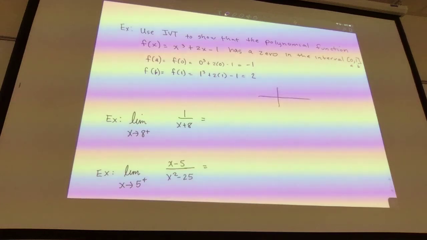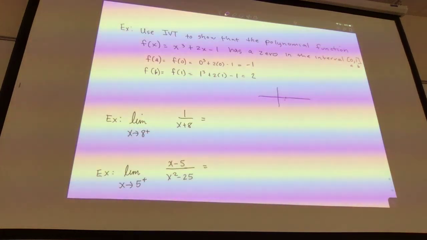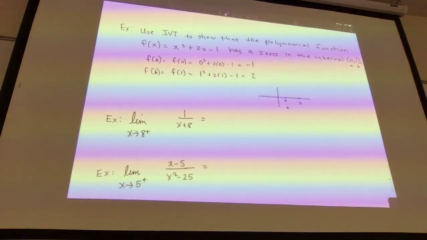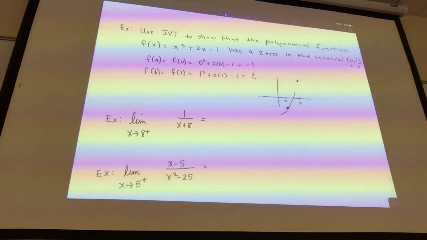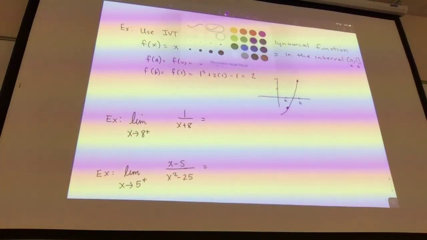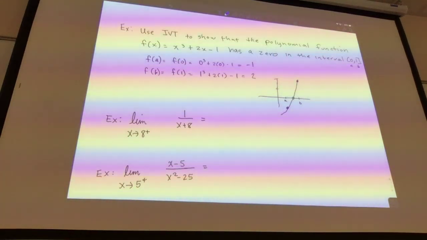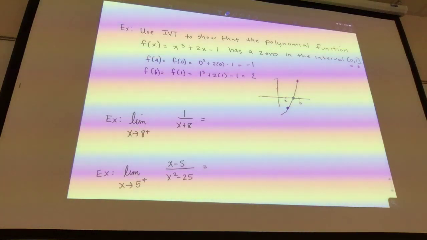So if I'm evaluating a function, and when I evaluate f of a I got -1, f of b I got +2. So if I'm going from a to b, does that guarantee that we cross 0 at some point? Yes. What's the thing you're looking for?